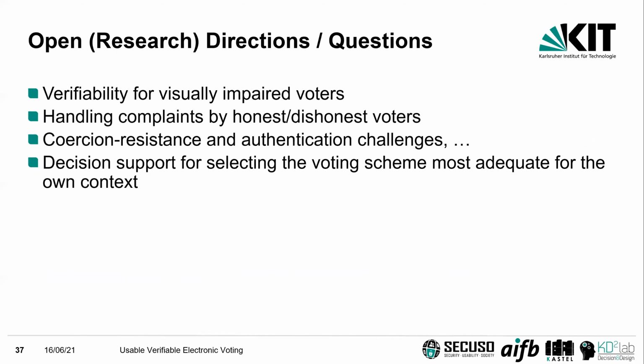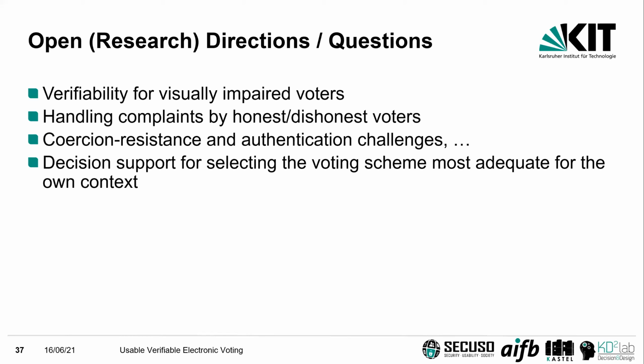Some open research directions and questions that I see. On the one hand, there's no or only little research on visually impaired voters, but they should also be able to verify. There's a lot related to handling complaints by honest and dishonest voters. So there are a lot of things to do.